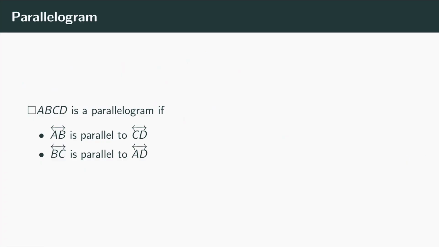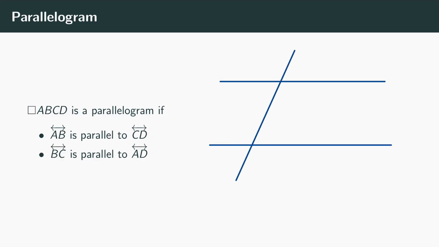So now we make a definition. We say that a quadrilateral ABCD is a parallelogram if the opposite sides are parallel 2 by 2. And so if I have some picture that looks like that, I'm going to pretend that that's parallel.